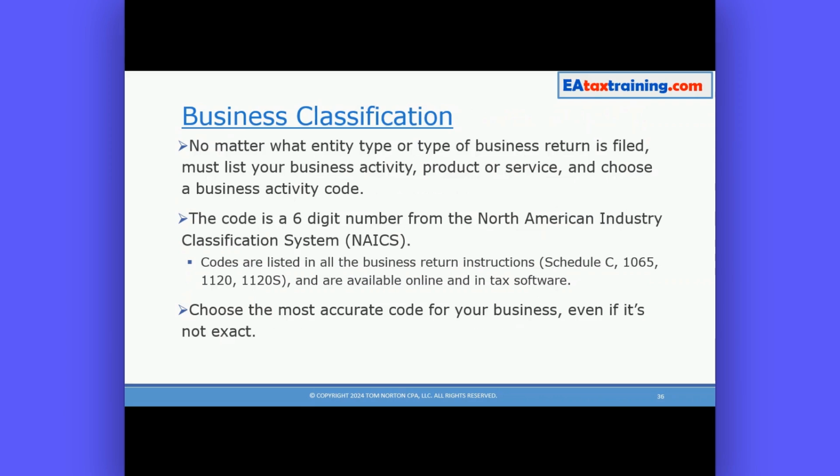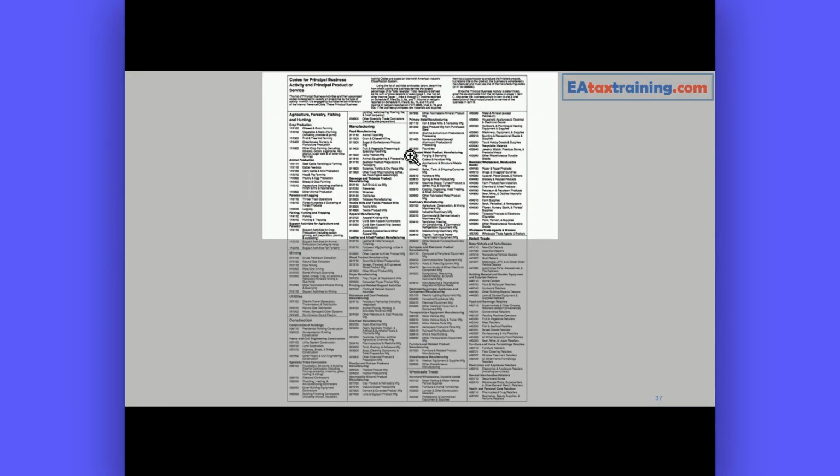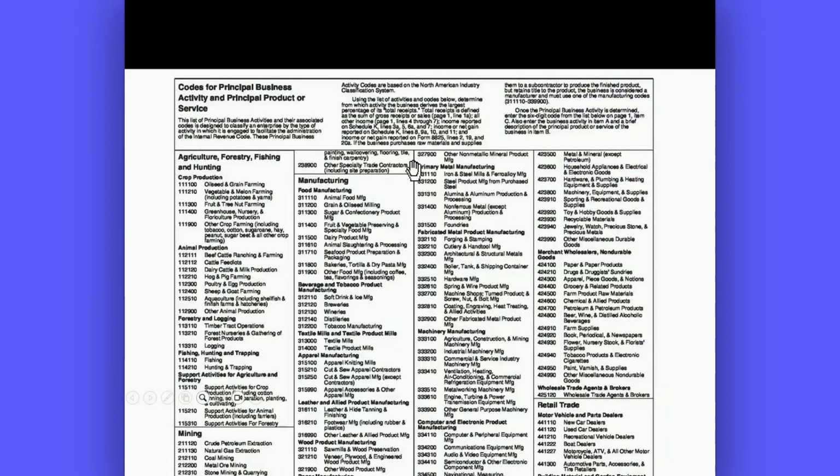They are also available on all the different types of tax software that you may have, and you just choose the most accurate code for your business, even if it's not exact. So there may not be something that precisely identifies your business, but you pick the closest one. And this is what those things look like. I'll zoom in here. It's still going to be hard to read. There are many pages of this.